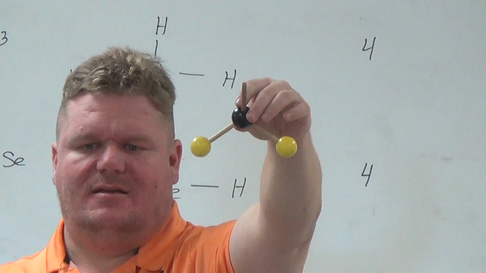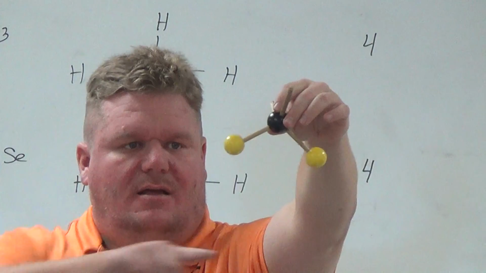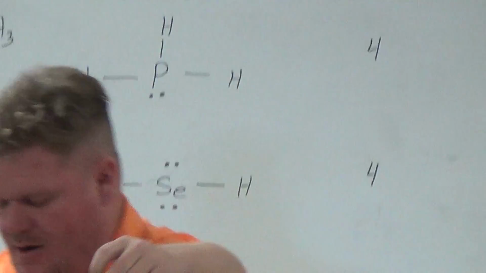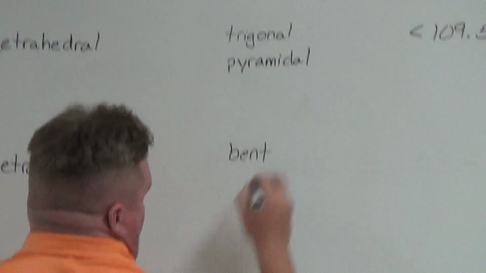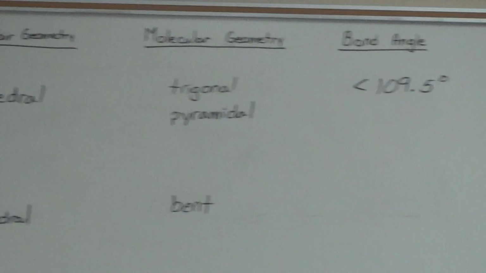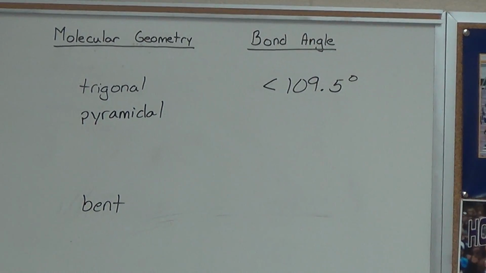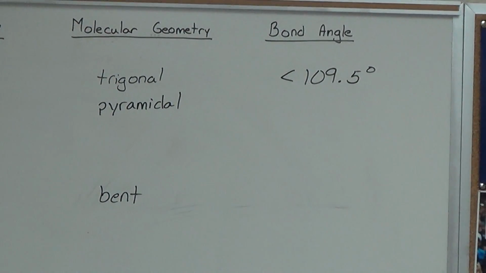What do we call this? We call this geometry bent. So the molecular geometry is bent. And what would the bond angle be, ladies and gentlemen? Less than 109.5.